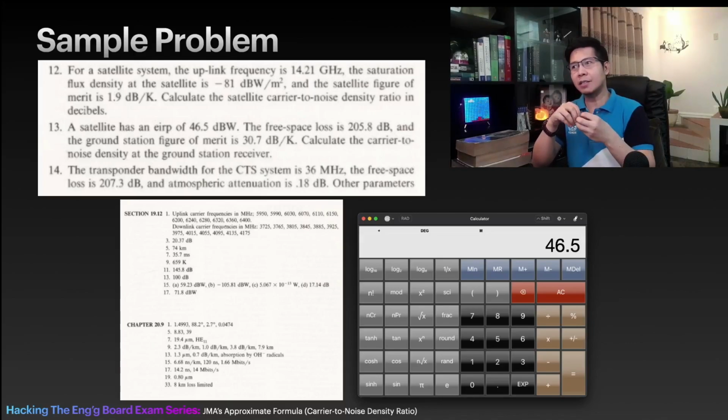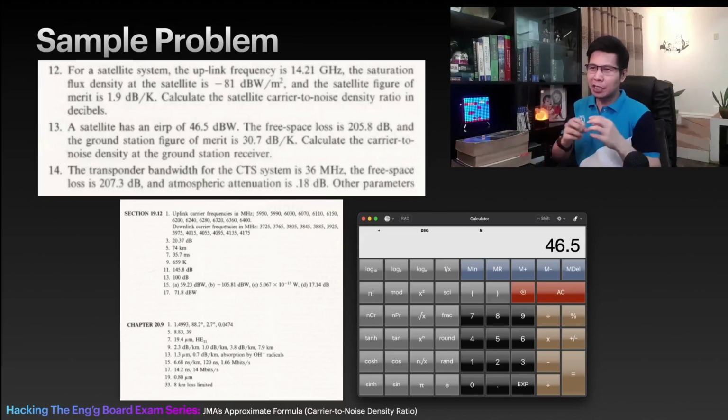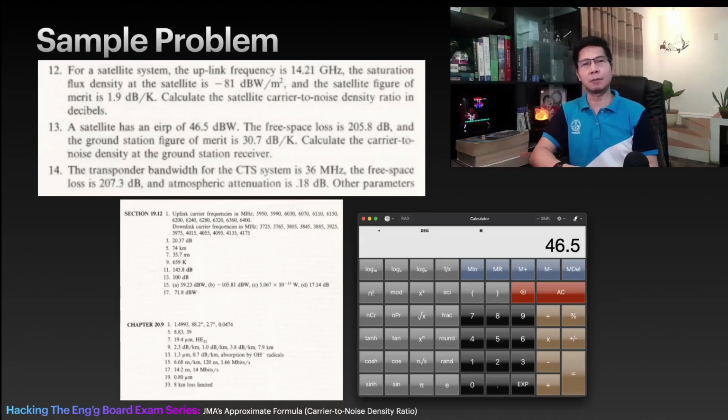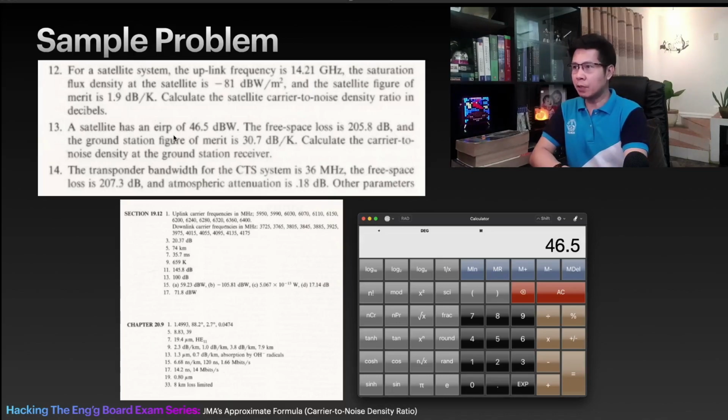In this case, the FOM or the figure of merit, hindi yung G over T. So, kabisado mo man yung formula, pero hindi mo alam na yung FOM, yung figure of merit, is yun yung tinutukoy na G over T, problema yun sa examination. So, dapat alam mo din yung ibang mga jargon o yung ibang mga term doon sa mga formulas. So, in this case, 46.5 yung EIRP natin, plus i-add natin yung FOM, which is 30.7.